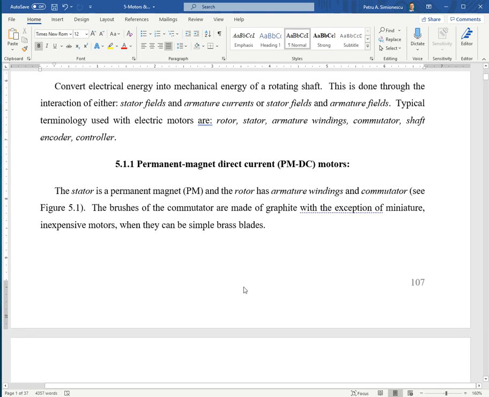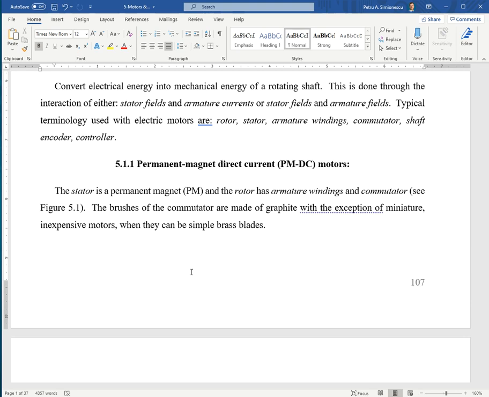One of the very common electric motors is the permanent magnet direct current, PMDC, motor, and you see them everywhere. They are used in battery powered hand drills, in toys, and various actuations on an automobile, on a car.